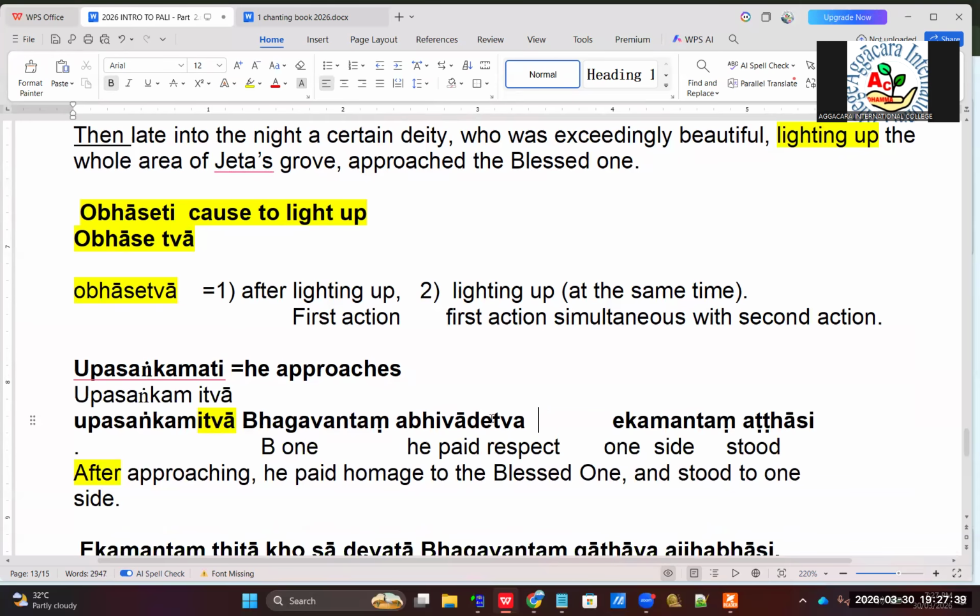You can see another tua here. But this is a tua here, all right? So it means that he approached, he pay respect. These two are earlier actions. So after approaching, after pay respect, and finally, the last action is he stood at one side.